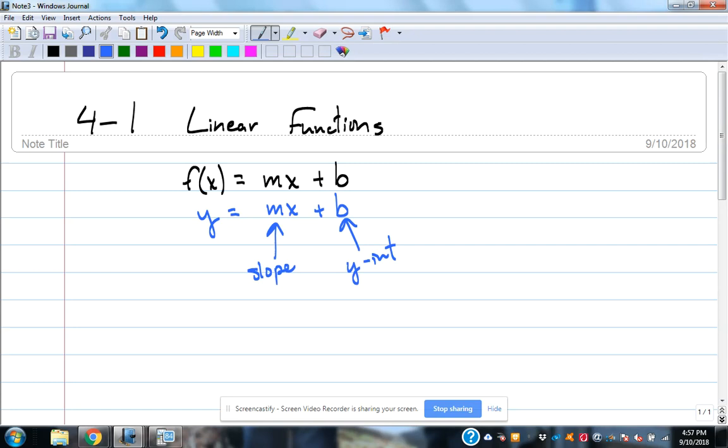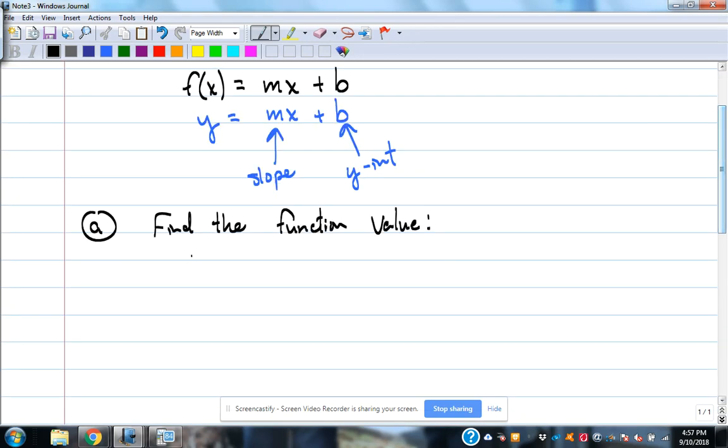Boring stuff. Okay. So we'll start off with find the function value. Say we have f of x is equal to 3x minus 7 and they want us to find f of -2.